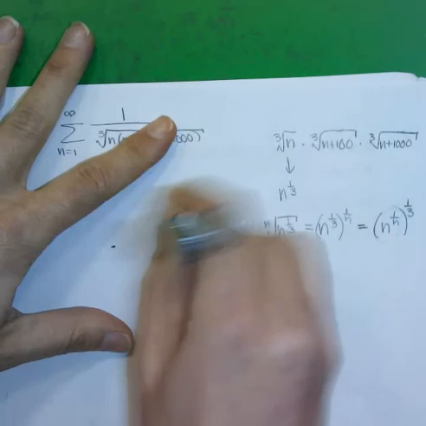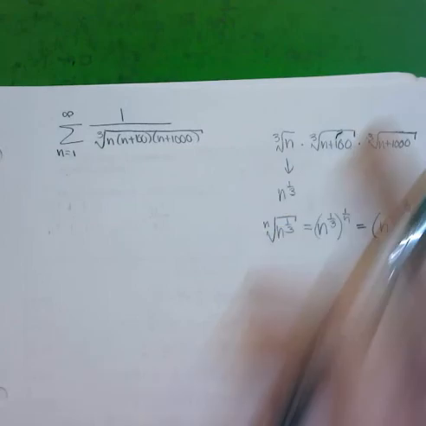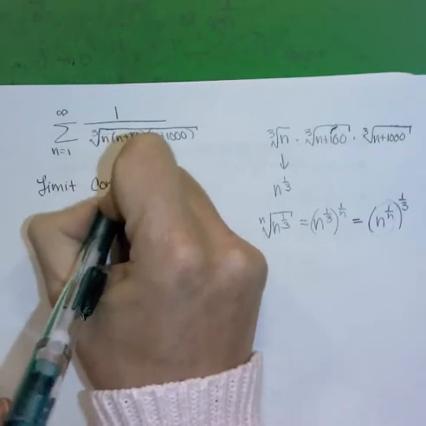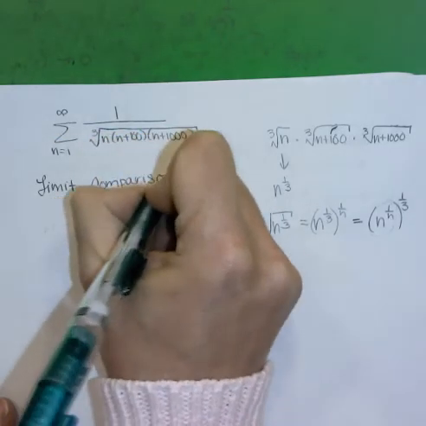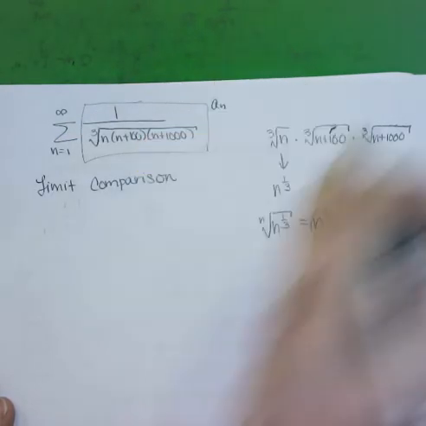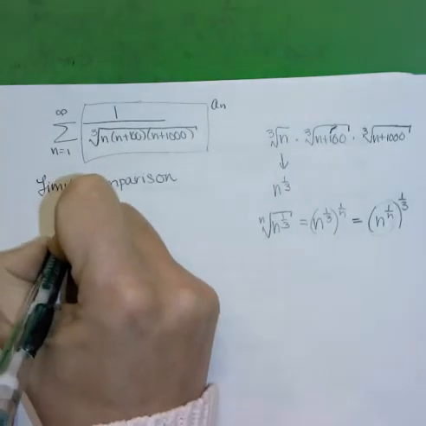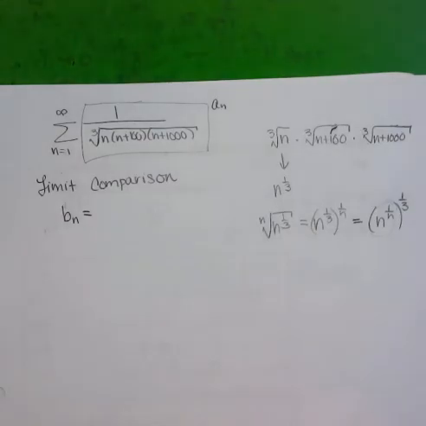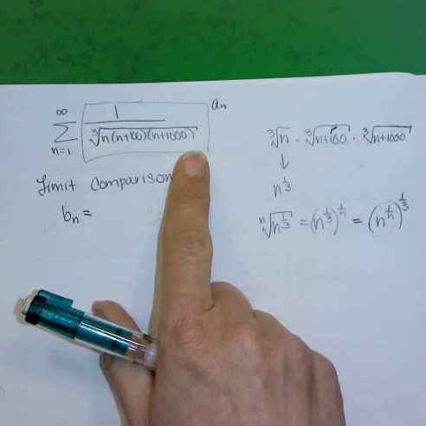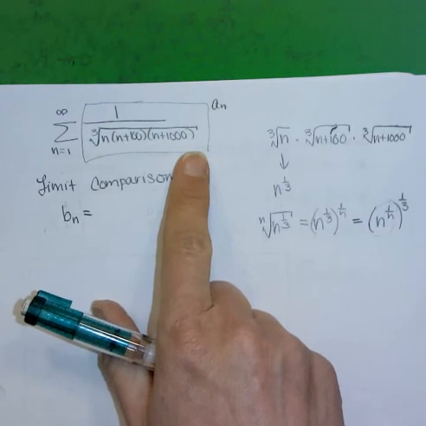So here, I would think of doing the limit comparison test. I'll call this my A sub n. And B sub n will be the one that I think it acts like. So when n is really, really big, what parts of this expression aren't going to matter? The 100 and 1,000.